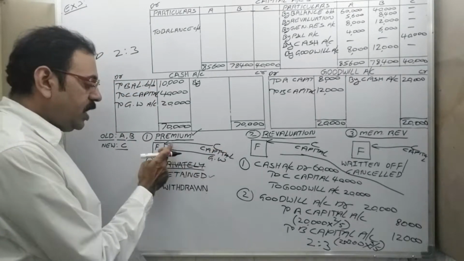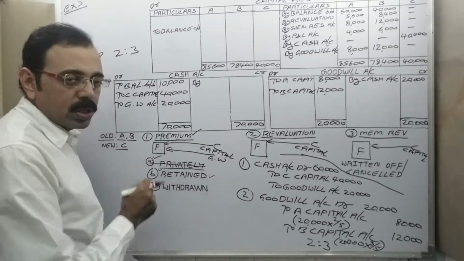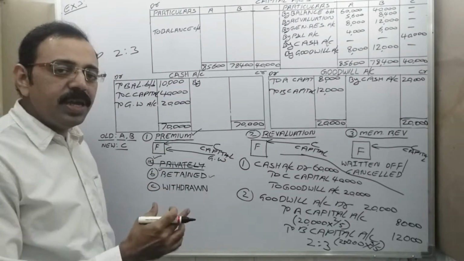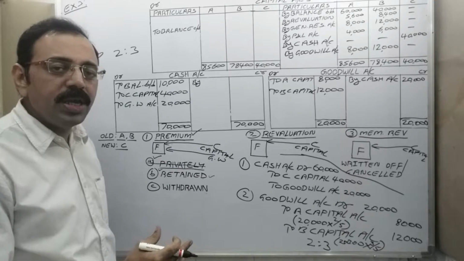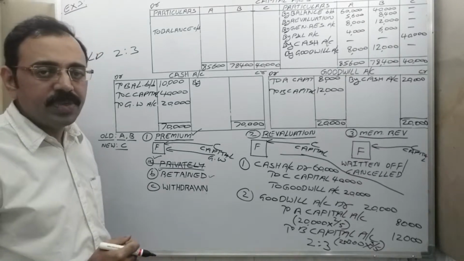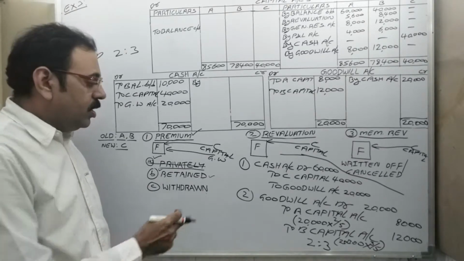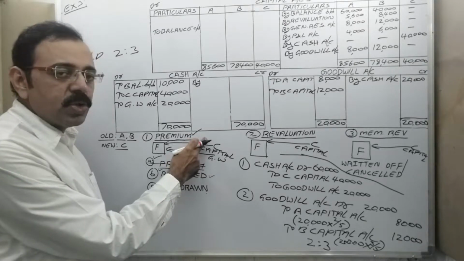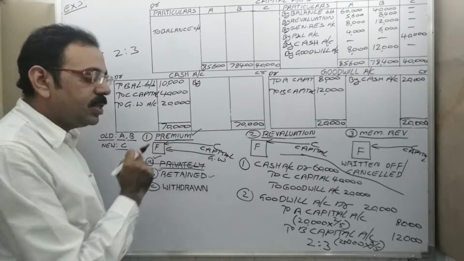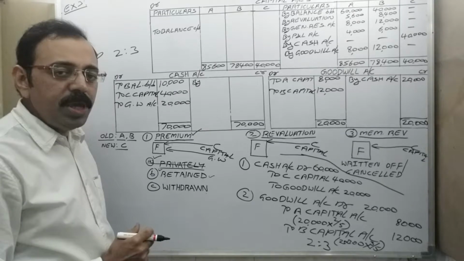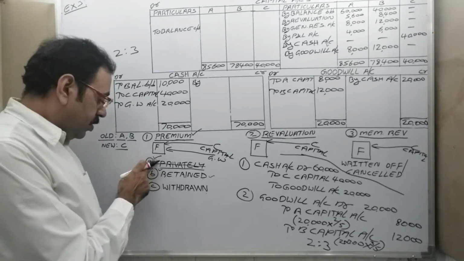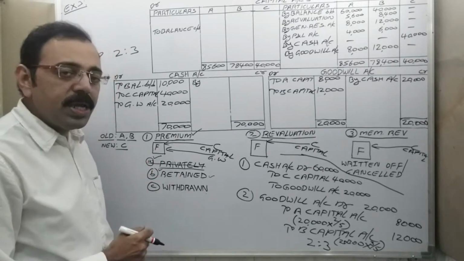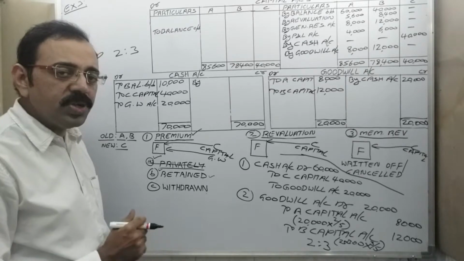C is bringing capital and goodwill both. Since the new partner is bringing goodwill in the firm along with the capital, under which method should we adjust the goodwill? Premium method. And in the premium method, which sub method should we apply here? See the question.